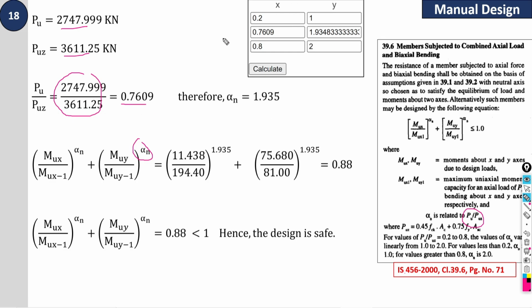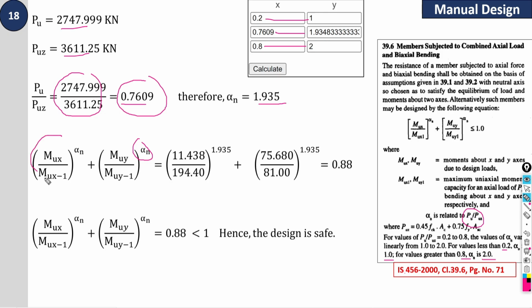0.7609. Doing the interpolation, the IS code says that for 0.2 the value of alpha n is 1, for 0.8 alpha n will be 2. So for 0.2 it is 1, for 0.8 it is 2, and for this required value we have to do the calculation. So we are getting the value as 1.935.